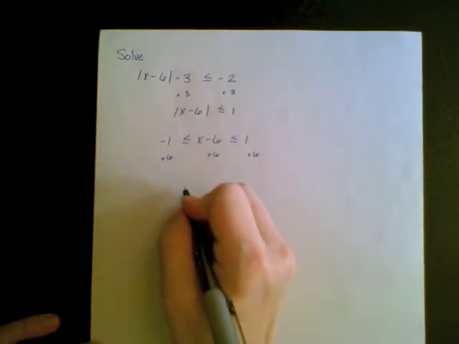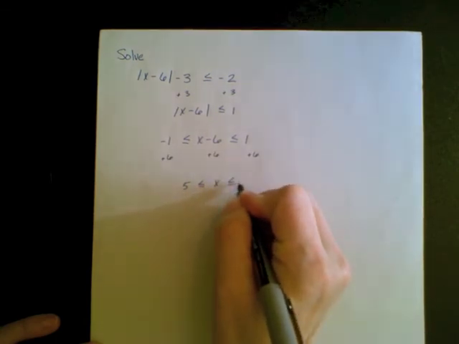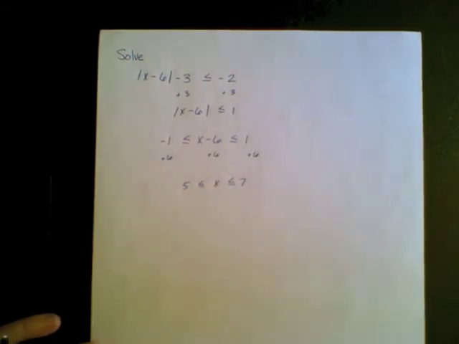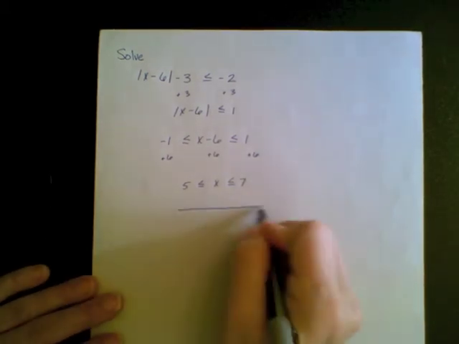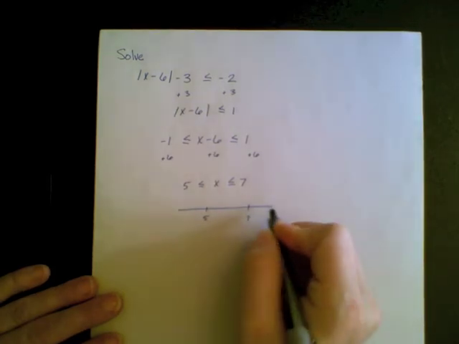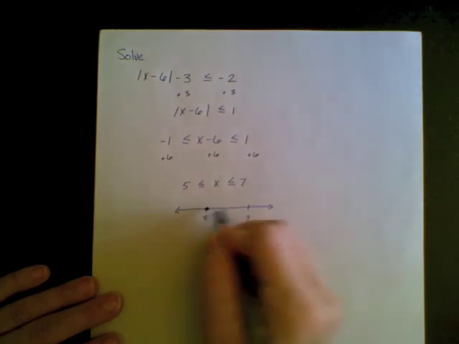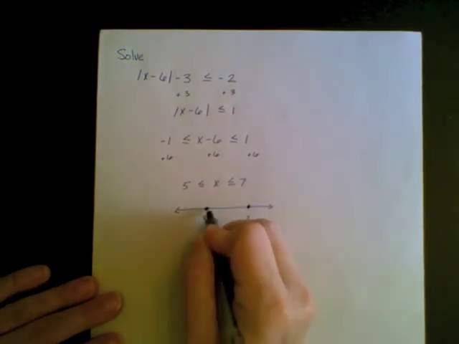So I would have 5 is less than or equal to x is less than or equal to 7. And this one didn't ask me to graph, but I'm going to go ahead and graph it. It's everything in between 5 and 7, and I do want to include those endpoints.